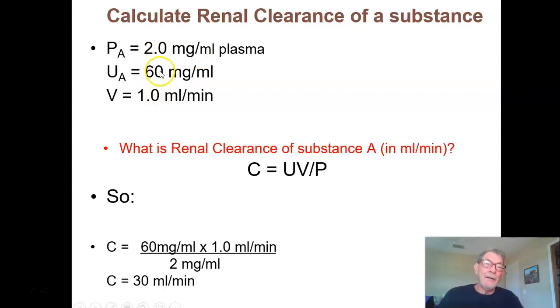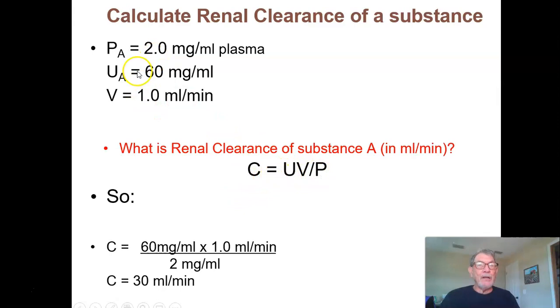That's fine. So this substance, 60 milligrams per each milliliter of pee, and you're producing 1 ml per minute, let's just say, of actual pee. Not the initial filtrate, but the pee that you're peeing into a cup. This is the volume of urine that you measured. Here's the concentration you measured, and here's the concentration in the blood.